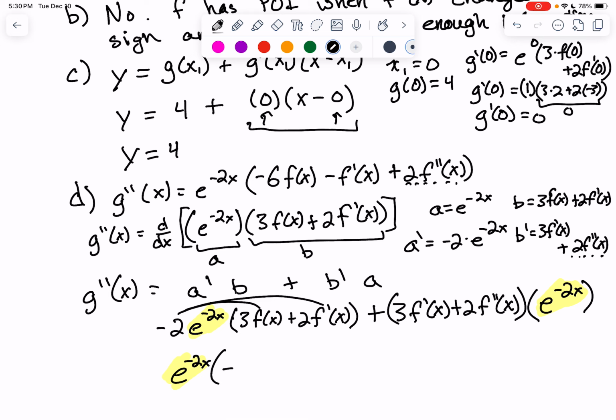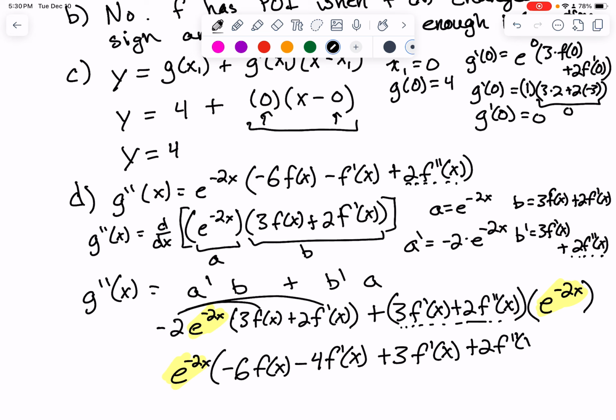That'll make negative 6f of x minus 4f prime of x. And then we still have the rest of this here. So plus 3f prime of x plus 2f double prime of x.